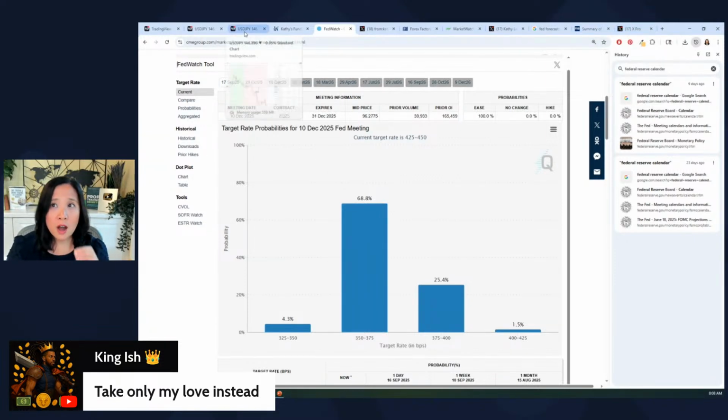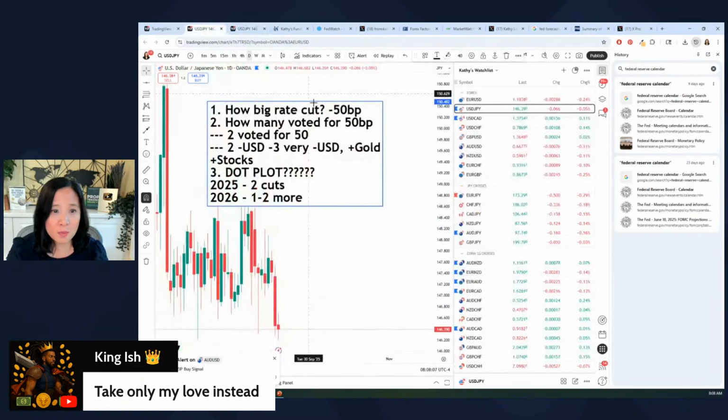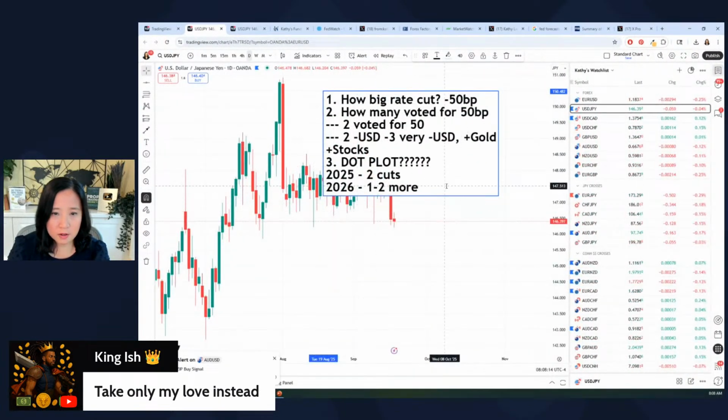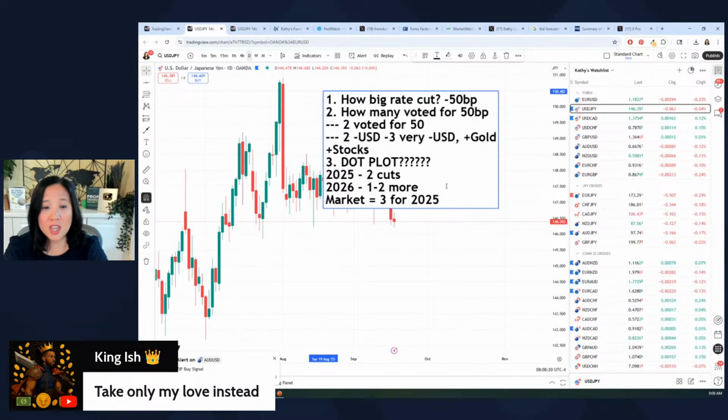This is where expectations are so important. The market is already pricing in 3 for 2025. So if we drop from 2 to 3, the reaction is not going to be huge.